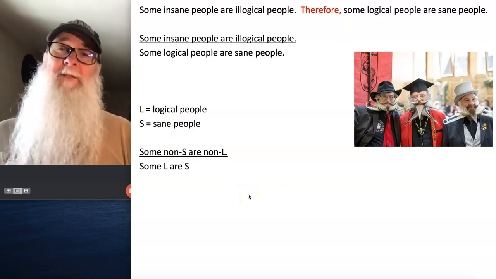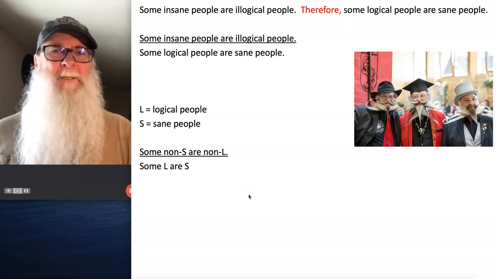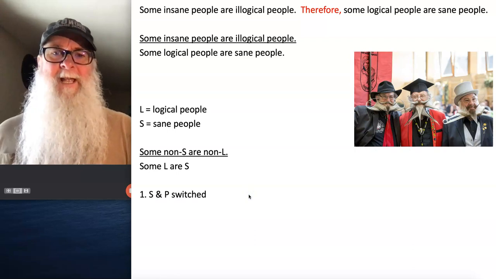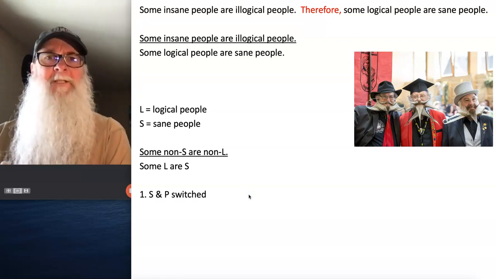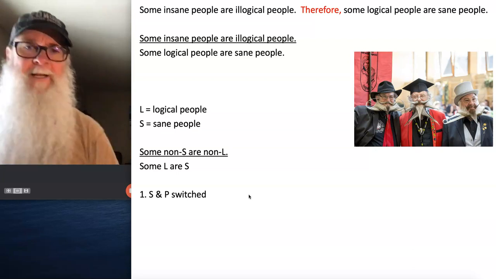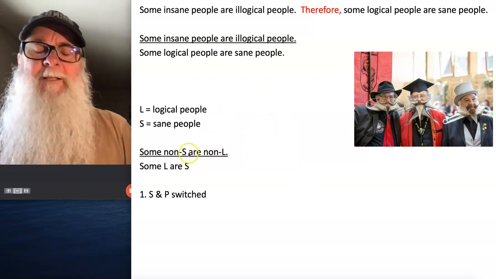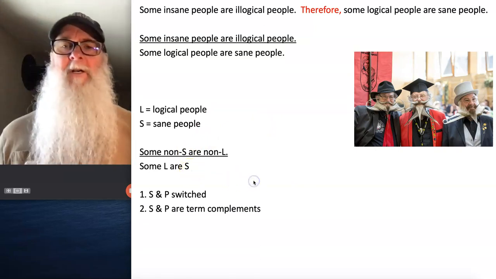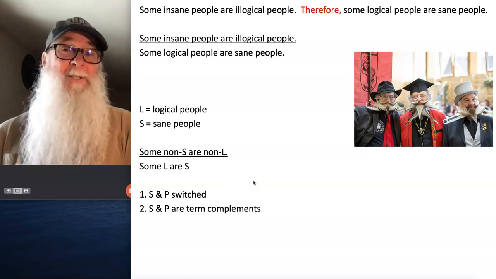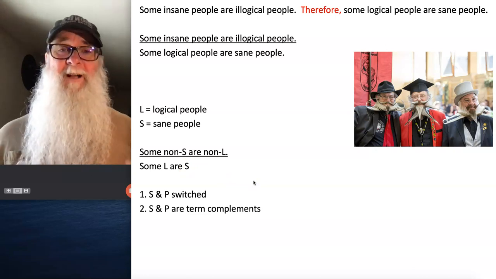All right, so now what do we have to do? We have to figure out, well, what's the difference between the premise and the conclusion? And one of the differences we see is that the subject and the predicate have switched positions in the conclusion statement. So we have non-S and non-L appearing as the subject of the premise statement, but S is down here as the predicate of the conclusion. So the subject and predicate are in switched positions, and both the subject and the predicates are term complements of one another.